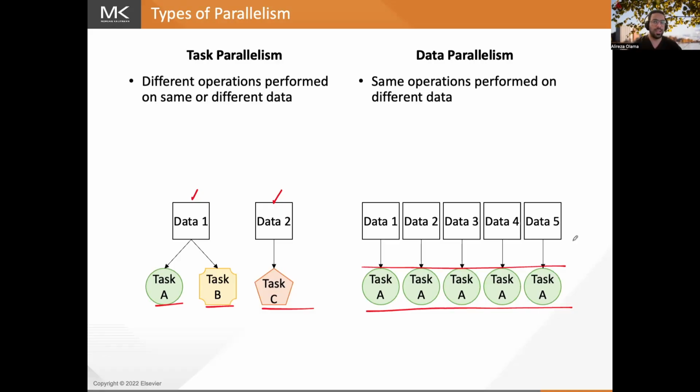Or for example, when it comes to gaming, one thread will process the sound, another thread will process the gameplay, and another thread perhaps performs some kind of communication with the server. Another example of task parallelism is web servers, where you have different user requests, and then you wrap them into different tasks, and then each task is executed on a different thread. So this is mostly what is done in task parallelism. All right.